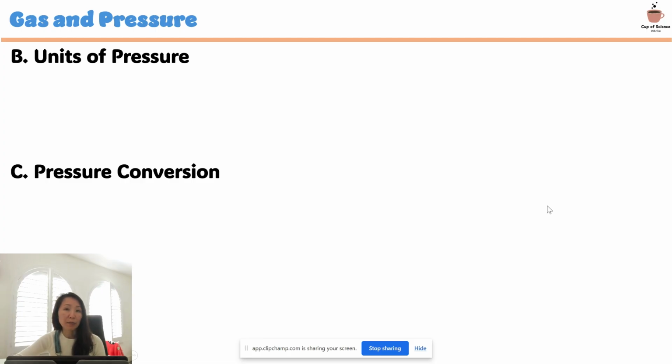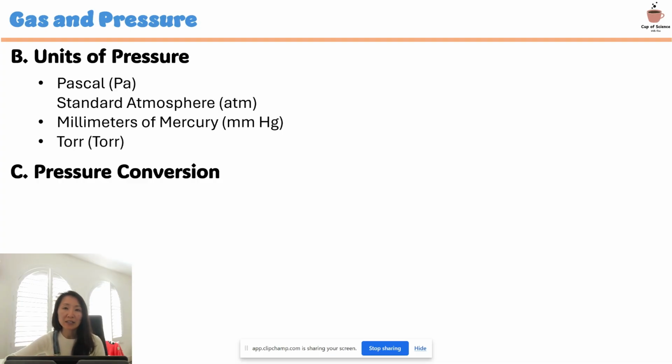Let's talk about the units of pressure. Just like weight and height have units such as pounds and centimeters respectively, pressure also has its own set of units. And these are some of the units that pressure carry: Pascal, standard atmosphere, ATM, millimeters of mercury, mmHg, and torr.